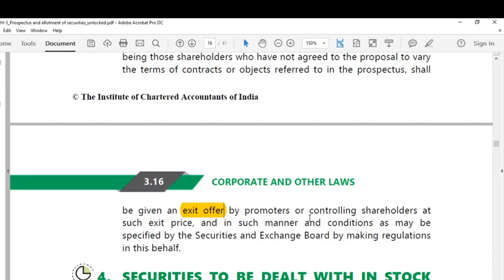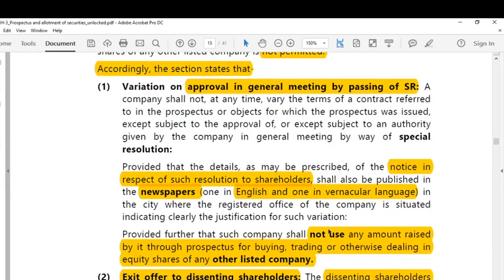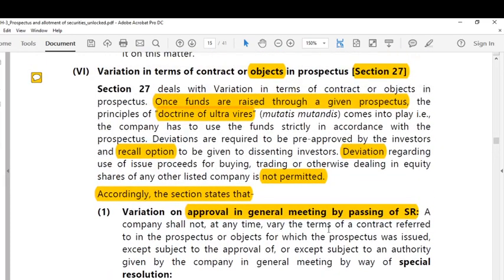So this is the compliance mechanism which has been specified by the Securities Board of India. These regulations are to be complied with whenever there is any change in the objects or contract that was mentioned in the prospectus.